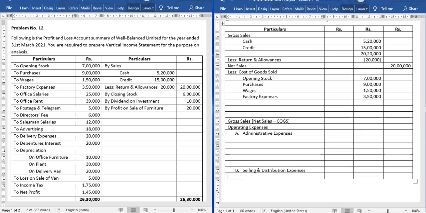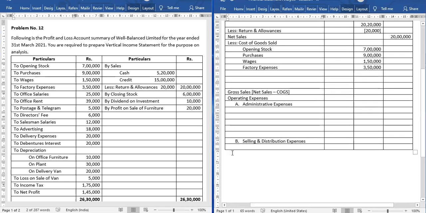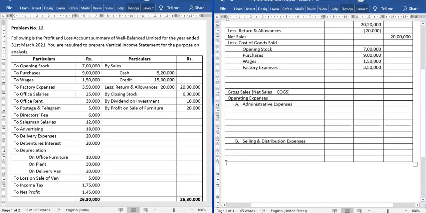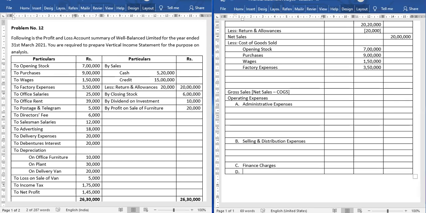Leave 4 to 5 lines. Then after this, third one is finance charges. Is there any finance charges? No.